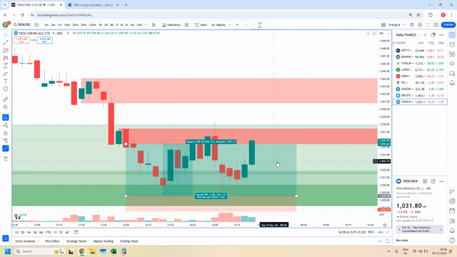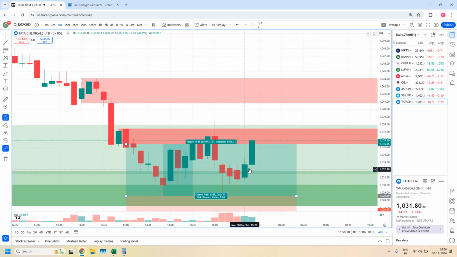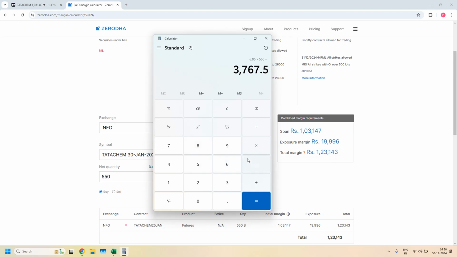What could be your investment? 1,23,143, maybe a little below. It could be 1,22,900 or 800 will be there approximately. Let me add a little extra margin.